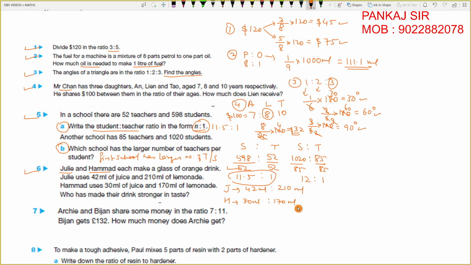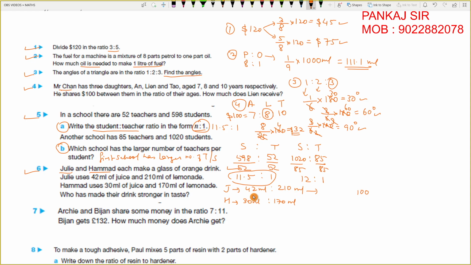Now, let us try to work out whose drink is stronger. So what we'll do is we'll try to see in this case for 100 ml, or rather we'll do it this way. 42 ml of juice is present with 210 ml of lemonade.